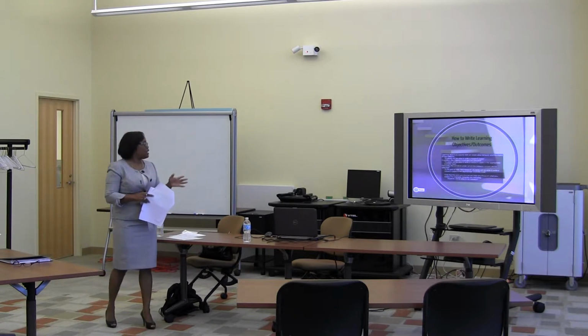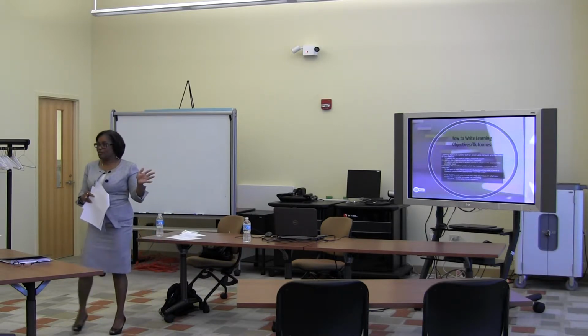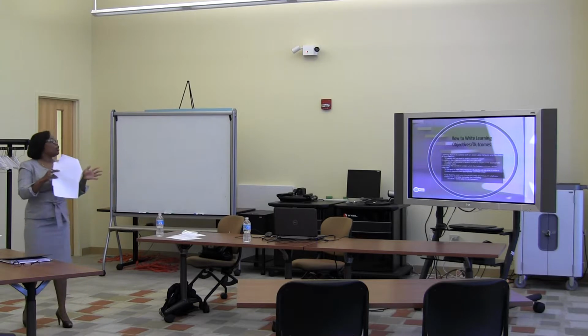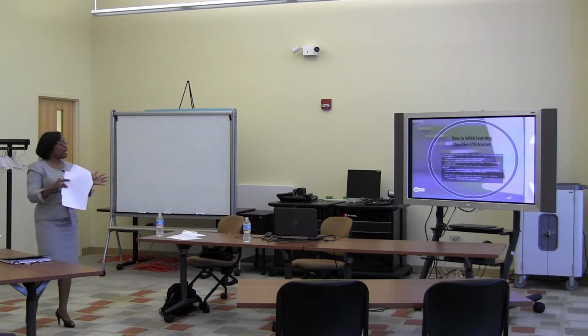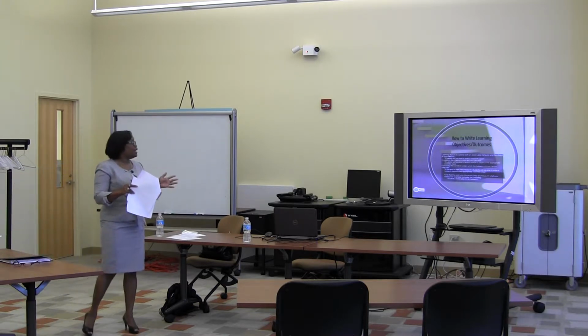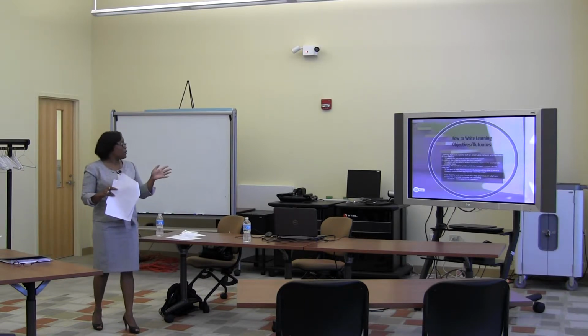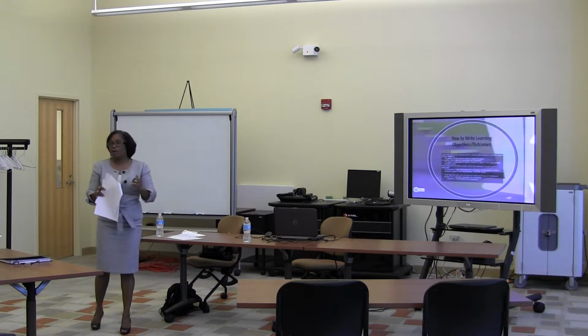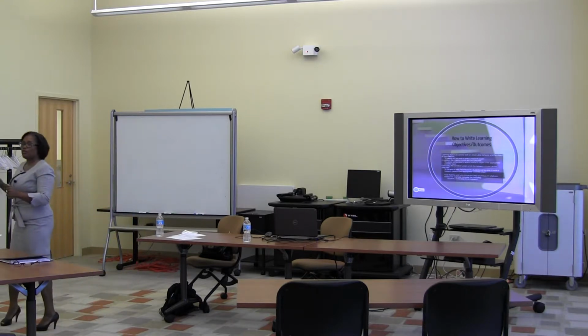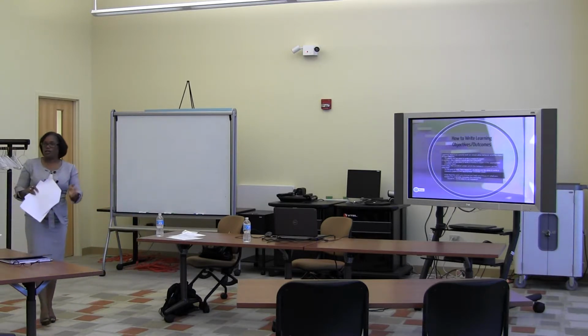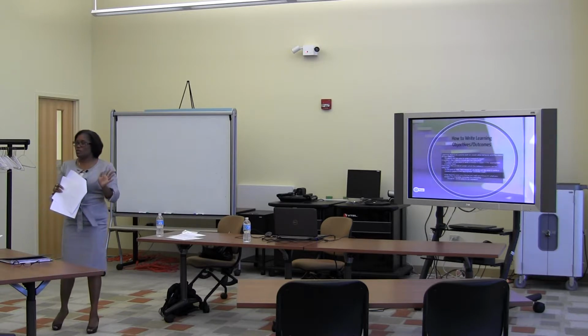So let's add in the criteria. Students will be able to write a research paper in the appropriate scientific style. And then you may want to go even broader, because what's the scientific style? At the end of the field research, students will be able to write a research paper in the appropriate scientific style. I like to add in whether we're going to use APA style or MLA style, so that it's more specific.